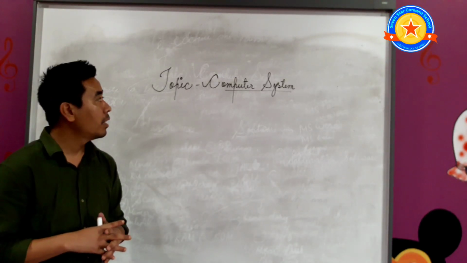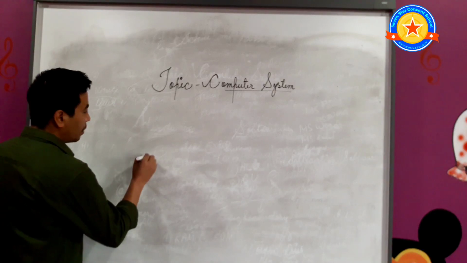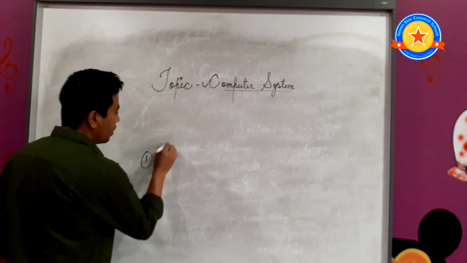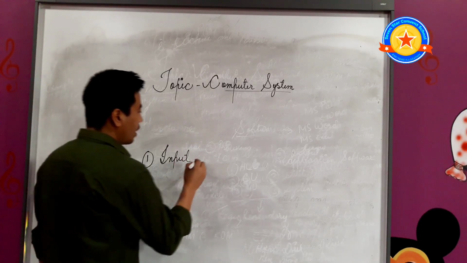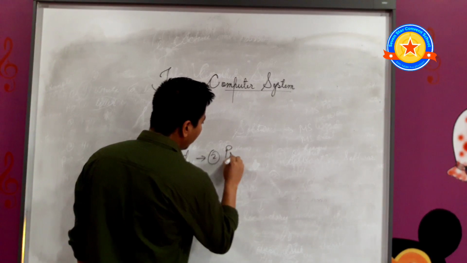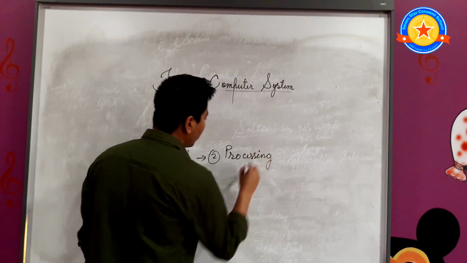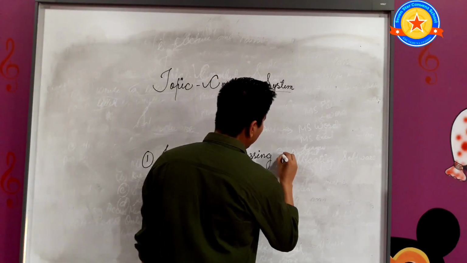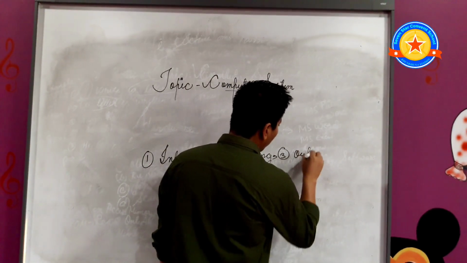A computer runs by three steps. Number one is input, number two is processing, and the last, number three, is output.